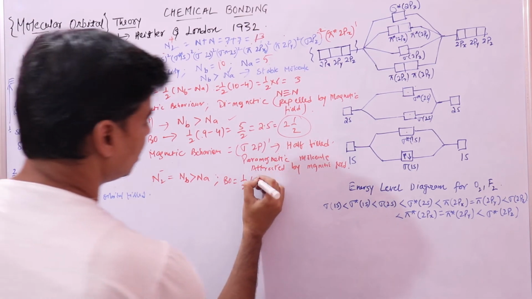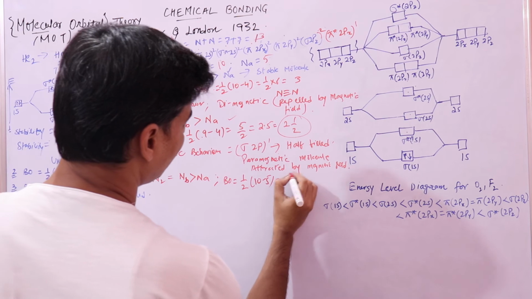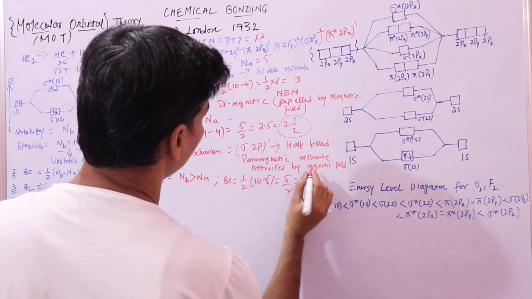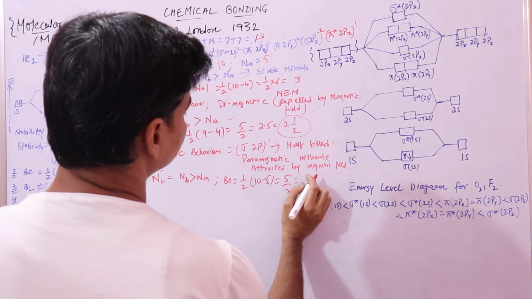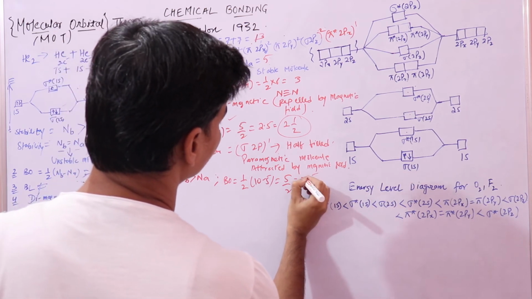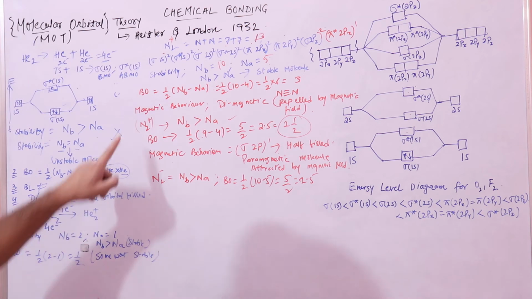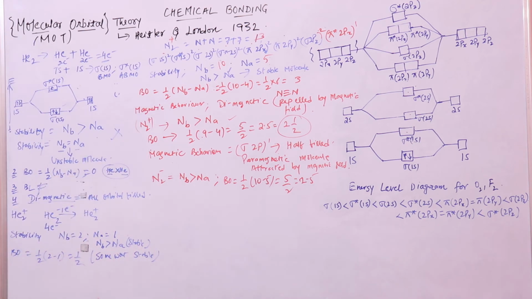So it would be 10 minus 5, 5 upon 2, it's 2.5, again 2.5 bond, same as this ion. Two and a half bond.